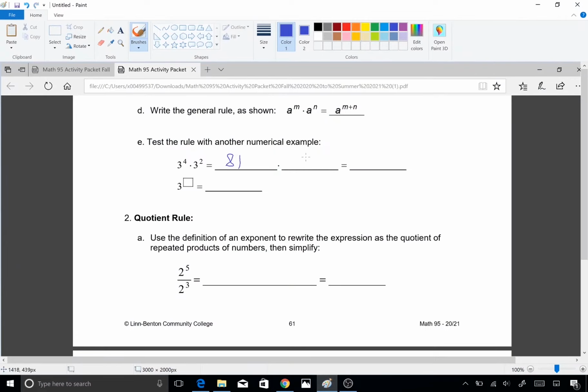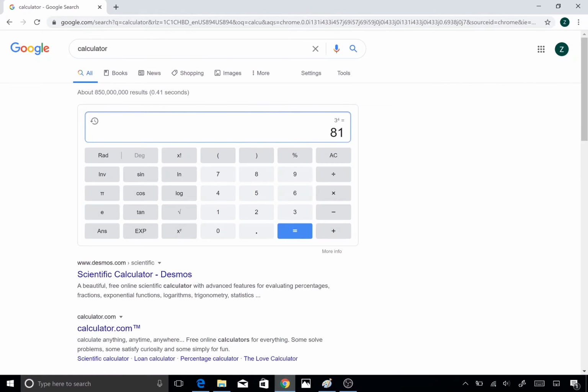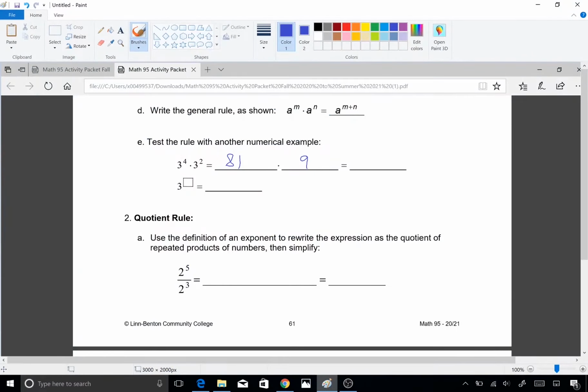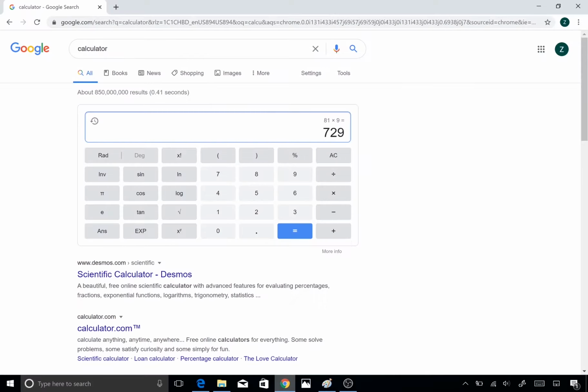And 3 squared is 9. 81 times 9 is 729. 3 to the 4th times 3 squared should be 3 to the 6th by our rule. And if we look on the calculator, 3 to the 6th power is 729.